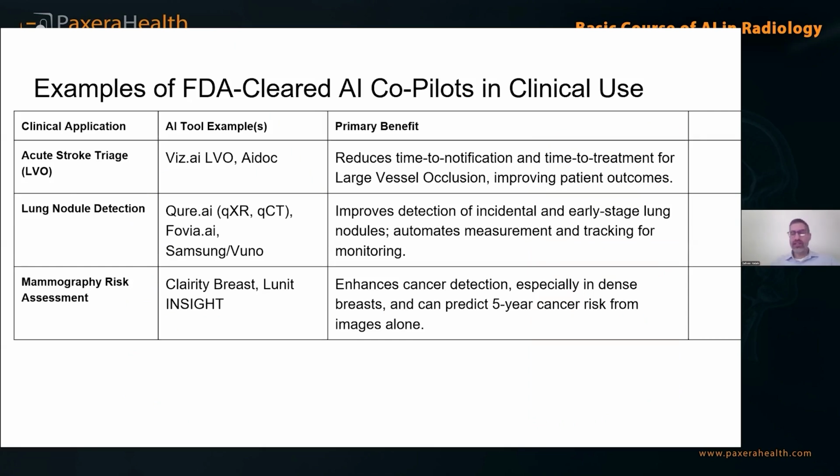Lung nodule detection is, again, very low-hanging fruit. It's a very laborious task, and this helps with lung cancer screening. Mammography risk assessment is also there. We've heard of computer-assisted detection, or CAD, in breast imaging for a long time, but now you're seeing companies leveraging AI to not only diagnose, but also to predict tumor risk.